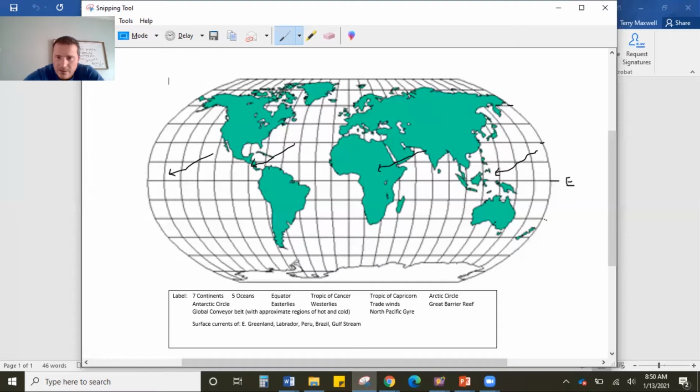So there's right there coming towards the equator like this.